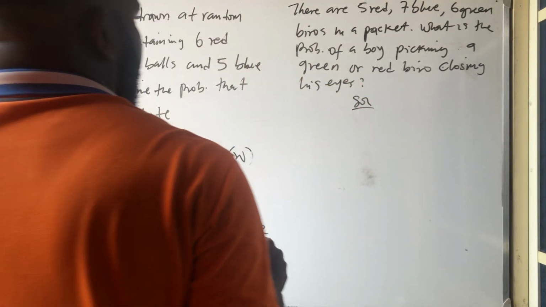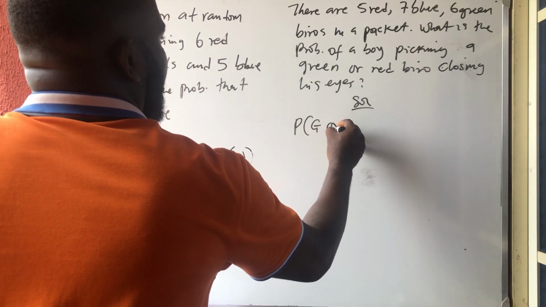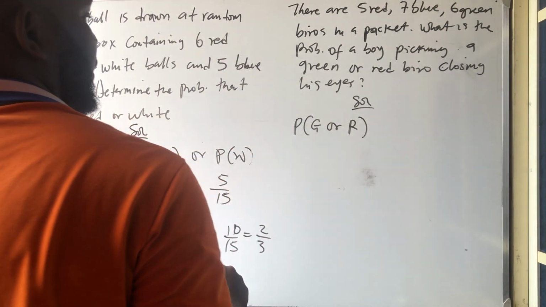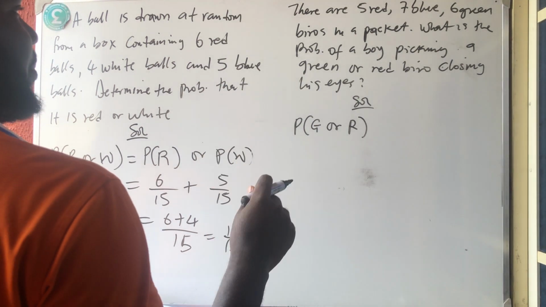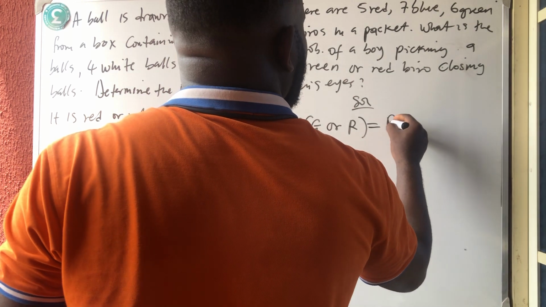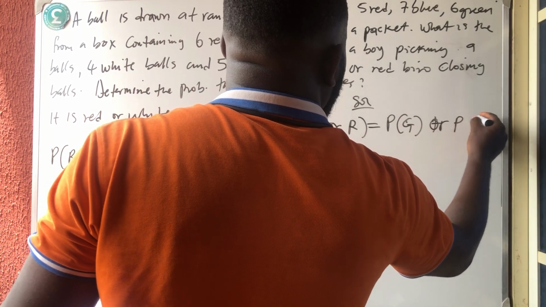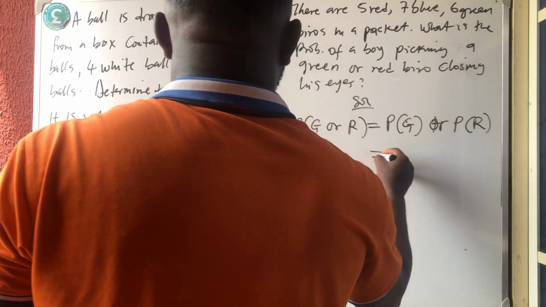Solution. Now, when he picks, it's either he picks a green or he picks a red biro. He cannot pick one biro and that same biro will be green and red, so it is mutually exclusive. So it will now be the probability of green or the probability of red, and "or" means to add.